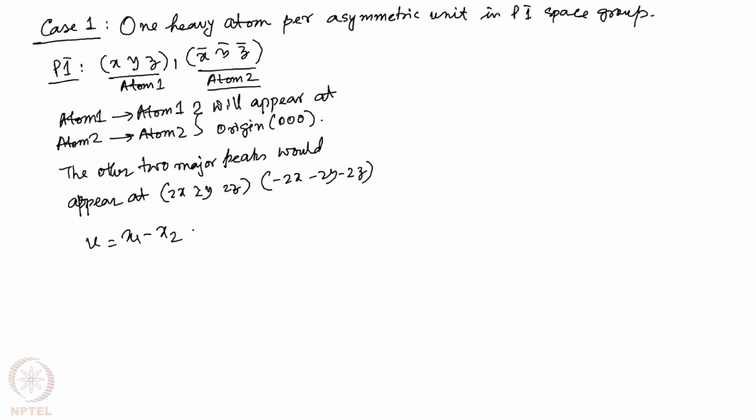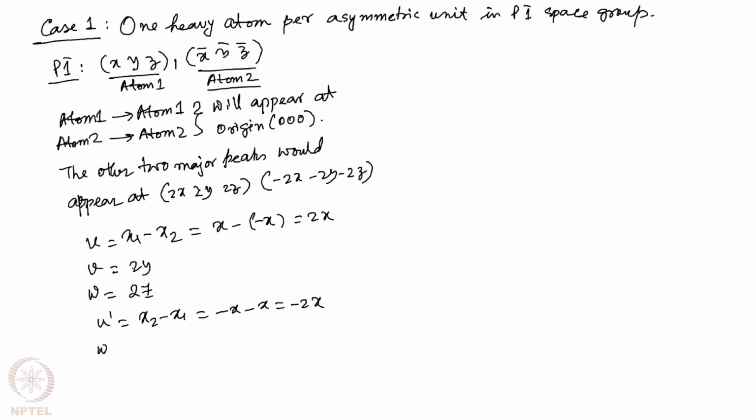So here it is equal to x minus of minus x, which is equal to 2x. So v is 2y, w is 2z. In the same way, u prime is x2 minus x1, which is equal to minus x, so it is equal to minus 2x. Similarly, v prime is minus 2y, w prime is also minus 2z. So the peaks are appearing at those two points.